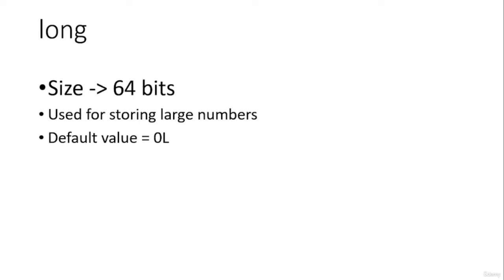But the important thing to understand is that whatever data types we are discussing in these sections are called primitive data types. These primitive data types are very useful. But the important thing to understand is that there are no methods on primitive data types. So they are not objects. They are only primitive data types.